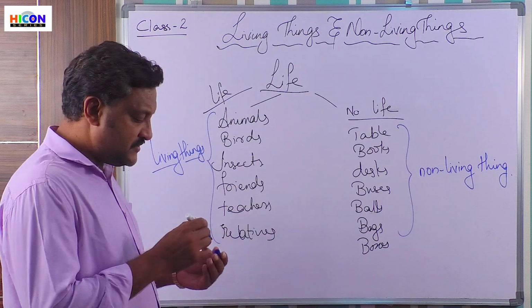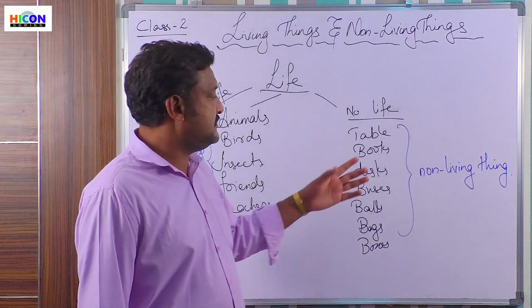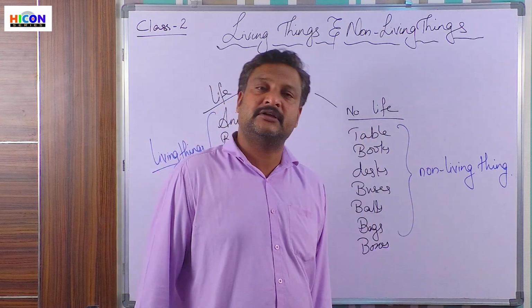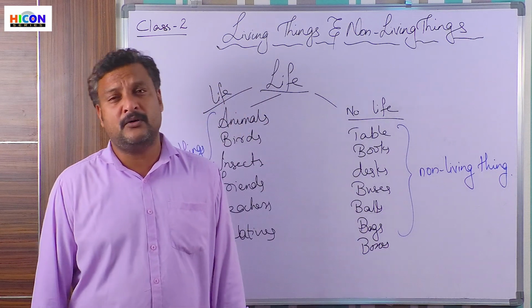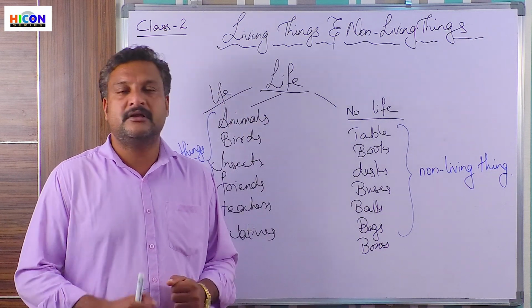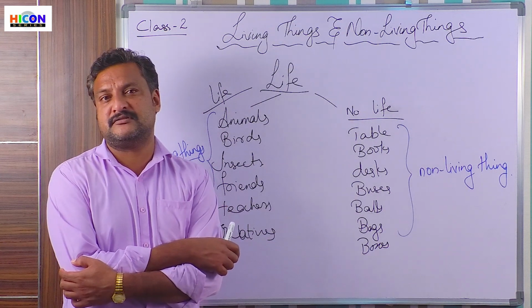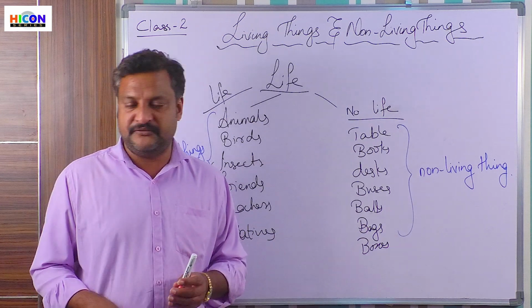Okay, so those things that have life are called living things. Those things that do not have a life are called non-living things. Are we living things or non-living things? Yes, we are living things.